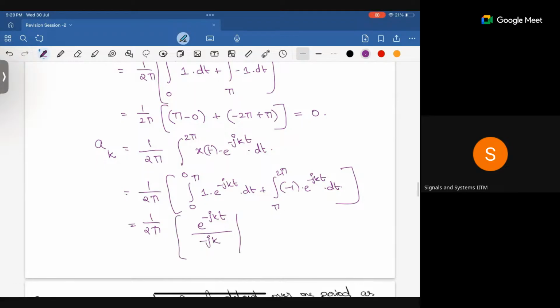Right, and the limits are pi and 0, plus, even this is minus e power minus jkt divided by minus jk. And the limits are 2 pi and pi. Okay, and this minus and minus, you can cancel it out.